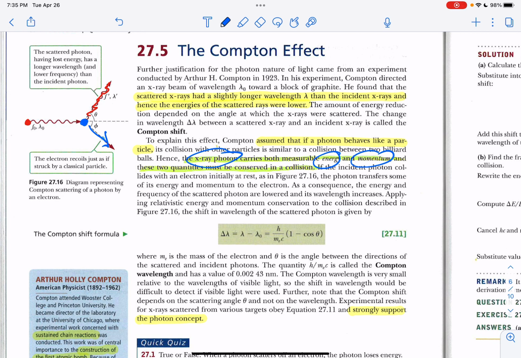But the point is that momentum is conserved even when a photon strikes an electron. And once again, this supports the idea that light is packets of energy called photons. That's the particle part of the model, with wave-like characteristics. In other words, you can find the frequency and the wavelength.